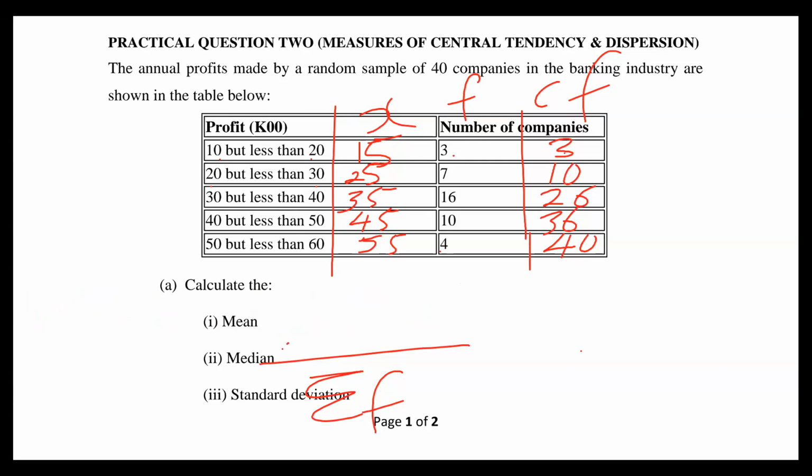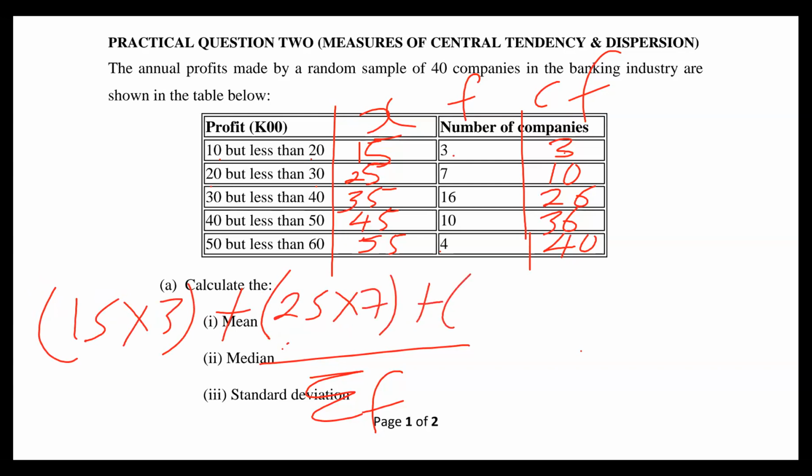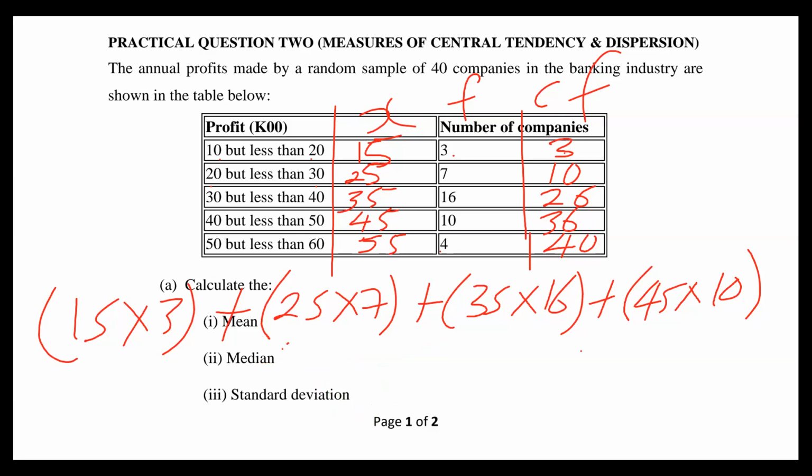Let's find that. So we are finding 15, being our x, times the frequency 3, plus 25, the x, times 7, the frequency, plus 35 times 16, plus 45 times 10, plus 55 times 4.